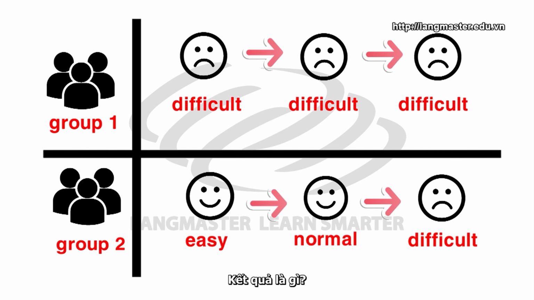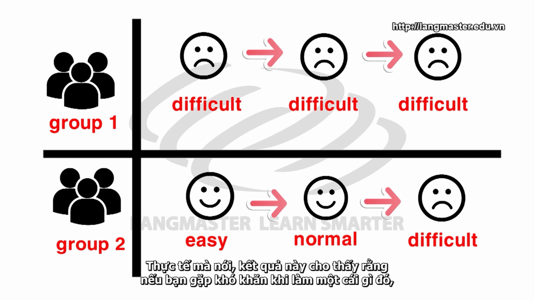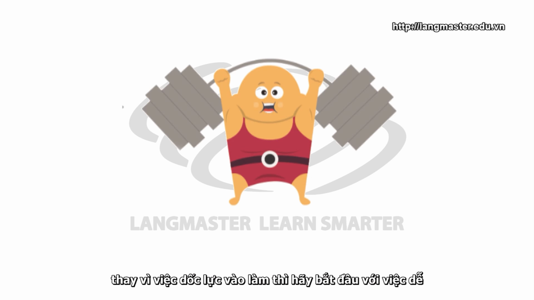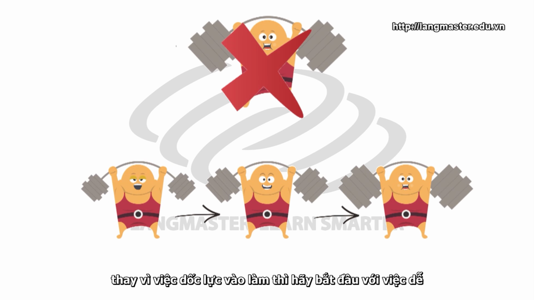So what was the result? Well, despite having less training with the difficult version, the second group actually performed better. Practically speaking, this finding suggests that if you have difficulty doing something, instead of just keep doing the same thing, it's more effective to start with something easy and then slowly increase the difficulty as you improve.